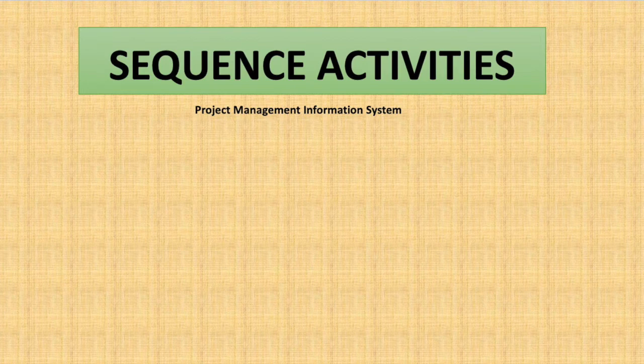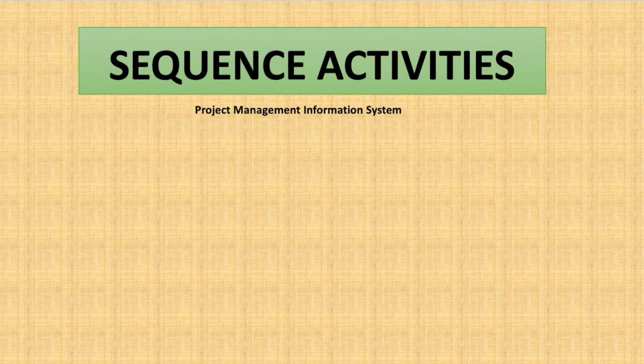We use four types of relationships: finish to start, start to start, finish to finish, and start to finish. Also we have four types of dependencies: mandatory dependencies, discretionary dependencies, external dependencies, and internal dependencies. And we have leads and lags. So once we do all this using these tools and techniques, we have our schedule network diagram ready.